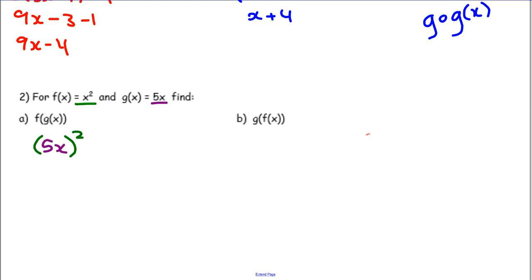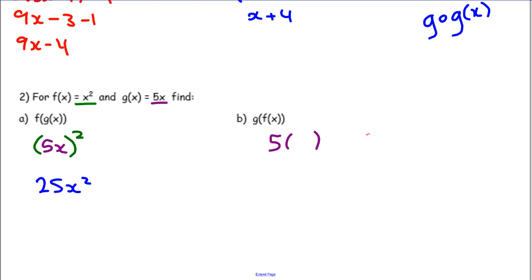Is the answer 5x squared? No. No, good. 25x squared. Good. Yeah, 25x squared. And g of f is over to this one. That answer is 5 times x squared, isn't it?